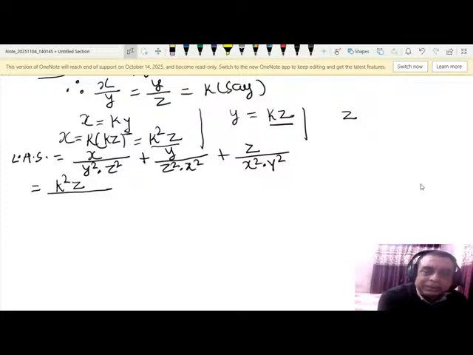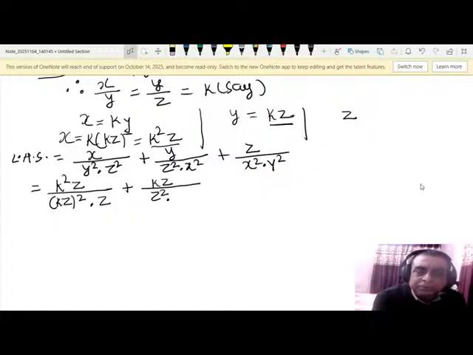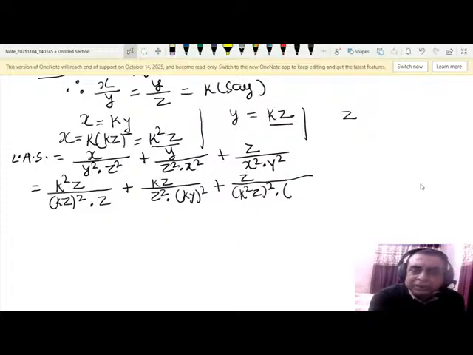Y squared in terms of z is kz whole squared, multiplied with z squared. Now again write y on the top. Y value in terms of z is kz divided by z squared times x squared. So x in terms of z is k squared z whole squared, plus z divided by x squared times y squared, where y squared in the form of z is kz whole squared.